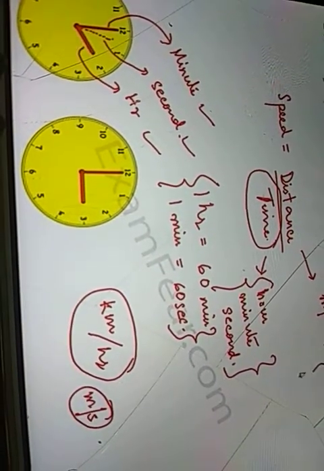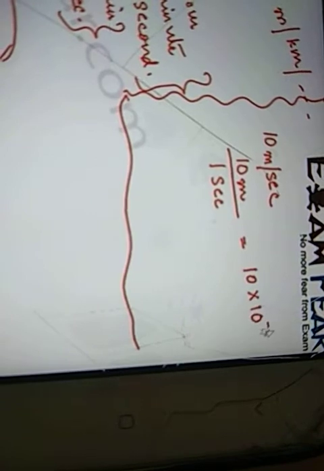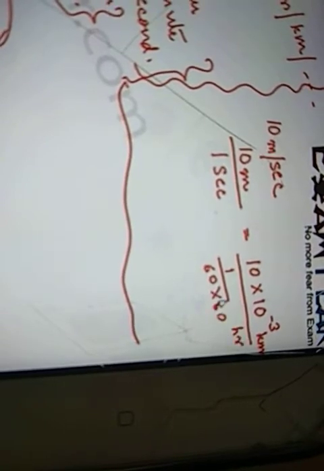So let us look at an example. Let us say you have the value 10 meter per second and you want to convert it into kilometer per hour. So 10 meter per second means 10 meter divided by 1 second. How do you convert 10 meter into kilometer? 10 into 10 to the power minus 3 kilometer, and 1 second would be 1 by 60 into 60 hour.